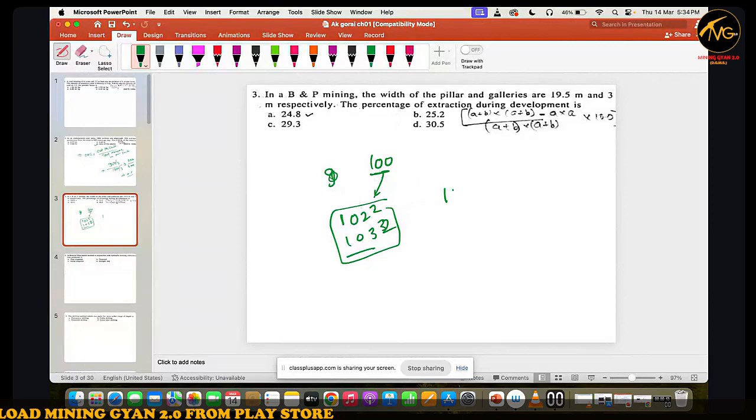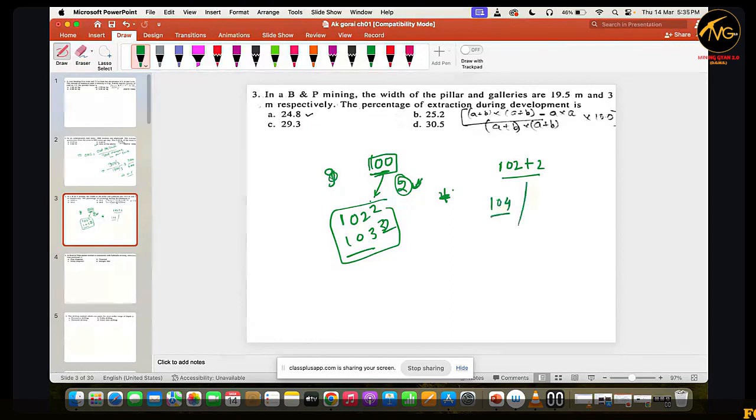Suppose this is 100, this is 102. What is the extra? 2. So remember this 2. So 102 add 2 is 104, and then square this 2, which is 04. Answer will be 10404.